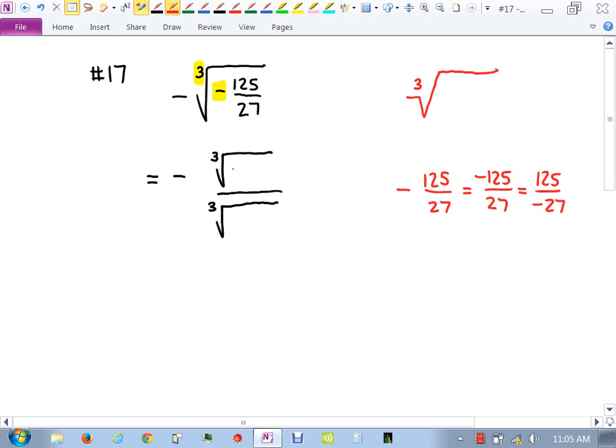I'm going to choose to put the negative on the 125 and to leave the 27 as positive. Everyone see that? Does anyone have a question on that? If you wanted to, you could have put the negative on the 27 and left the 125 as a positive.